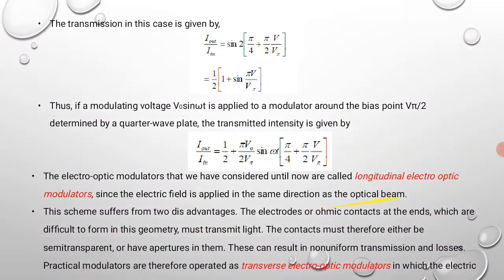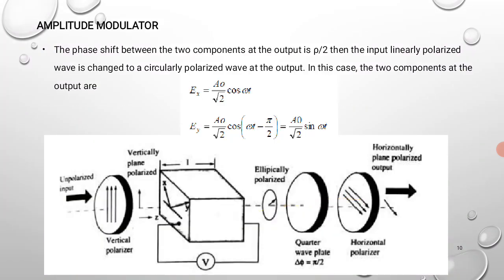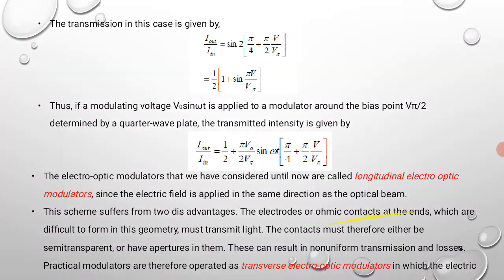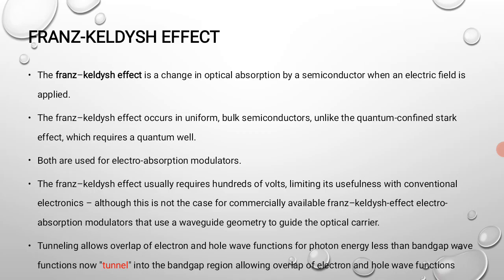This is the derivation of the amplitude modulator. Next is the Franz-Keldysh effect. The Franz-Keldysh effect is a change in optical absorption by a semiconductor when an electric field is applied. It occurs in uniform bulk semiconductor, unlike the quantum confined Stark effect, which requires a quantum well.